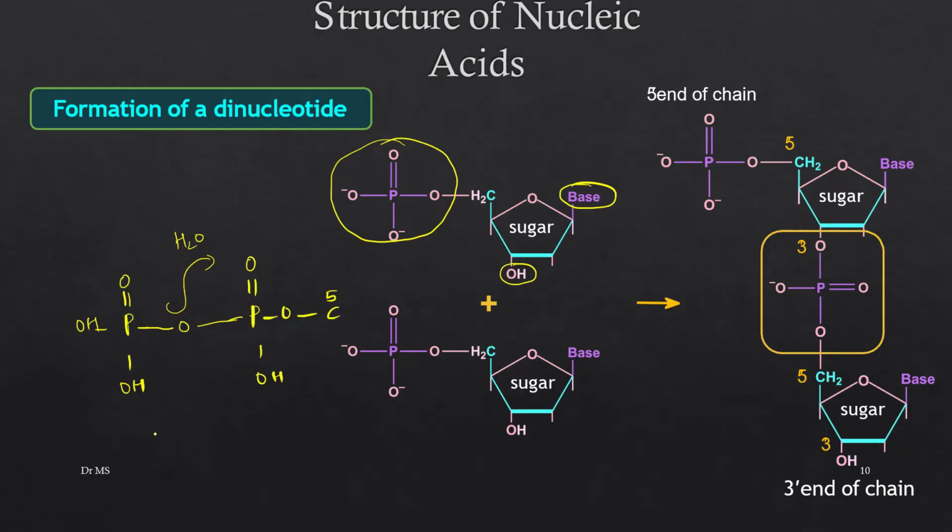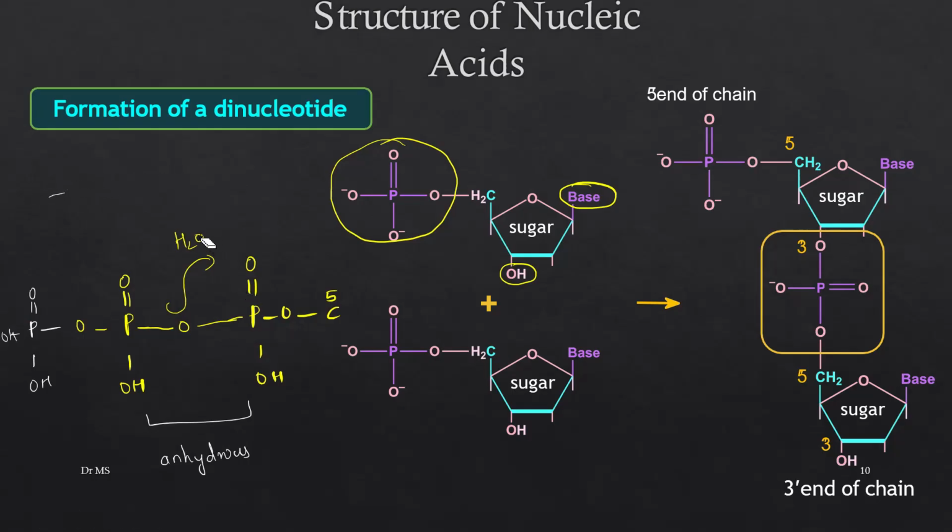That kind of bond, we call it an anhydride bond. So that's how it becomes a diphosphate group. And if you attach another phosphate group on the left corner like this, then it will become a triphosphate. So that's how we call ATP, ADP, AMP, based on how many phosphate groups are present.